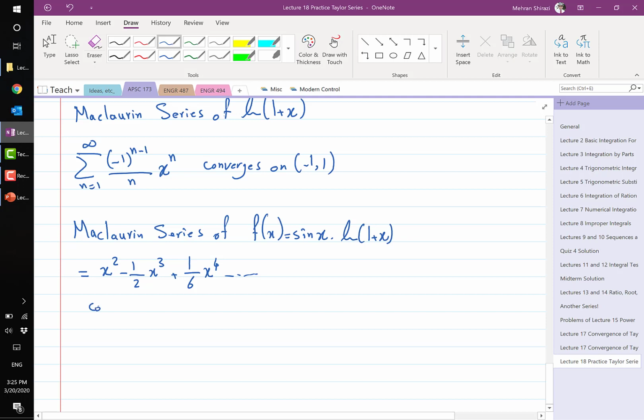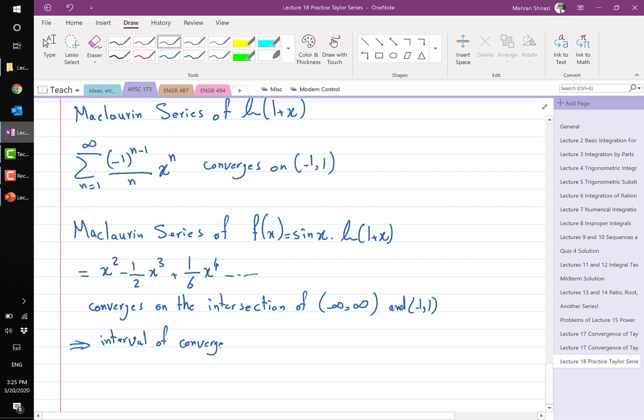So this thing converges on the intersection of these two Maclaurin series. Therefore, the interval of convergence is -1 and 1.